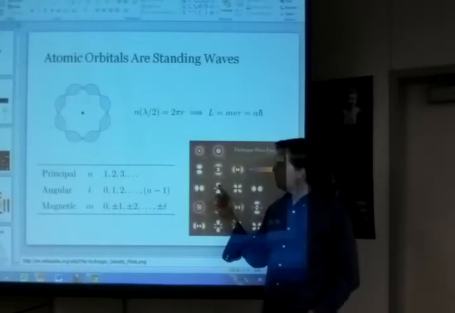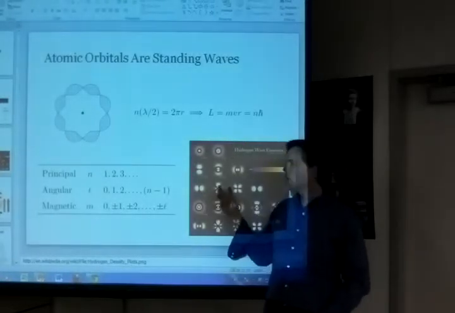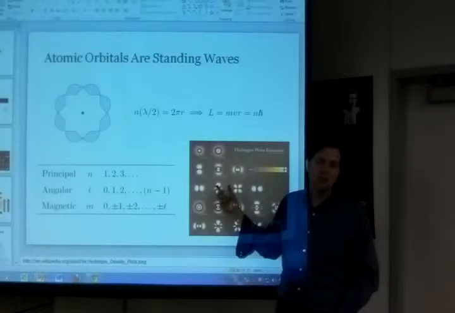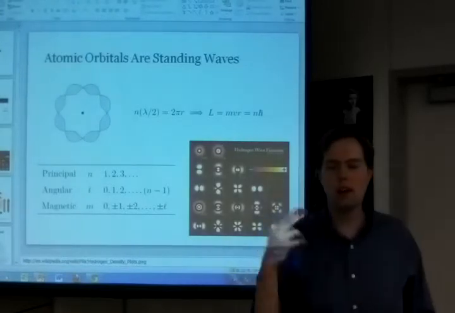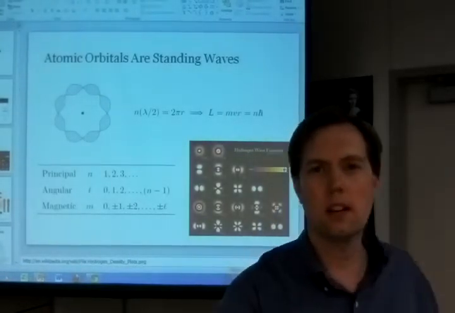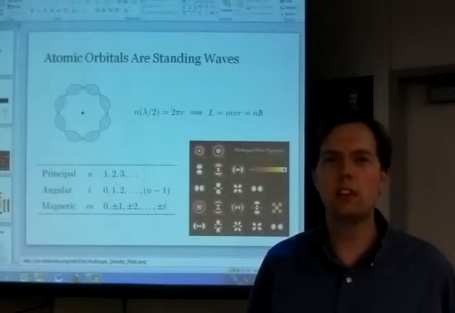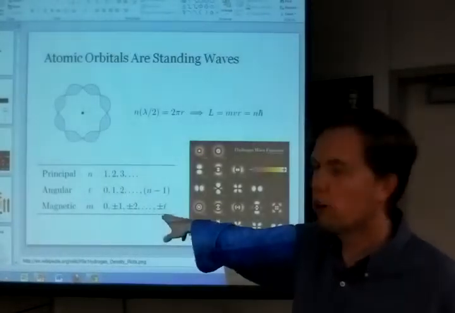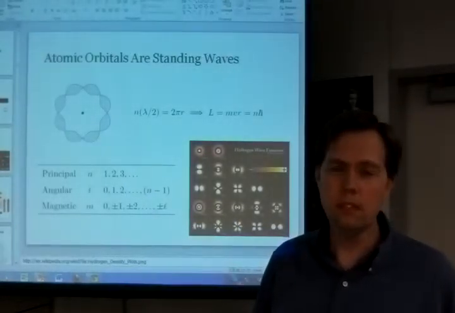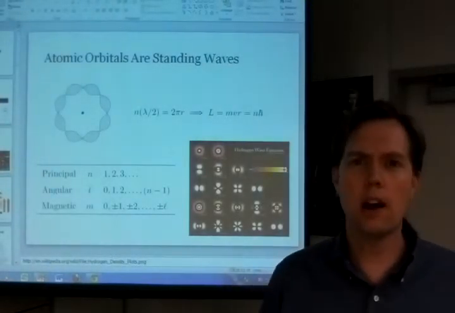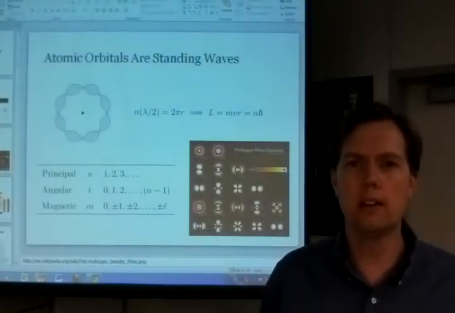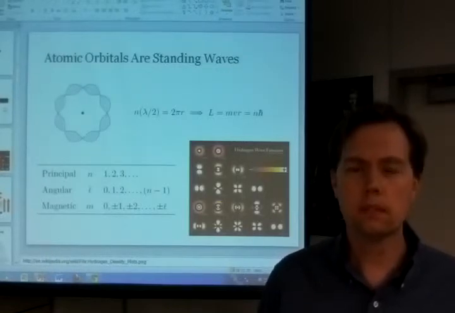And so the spin, even though it's indistinguishable from not spinning because the pattern stays the same, will generate a magnetic moment because we have circular current, basically. And so a magnetic field can distinguish that third quantum number. And so these three quantum numbers are how we characterize where an electron is in the atom.